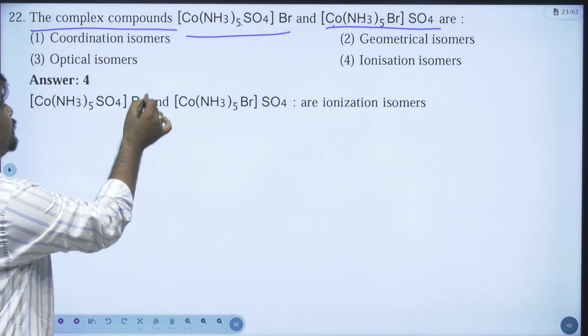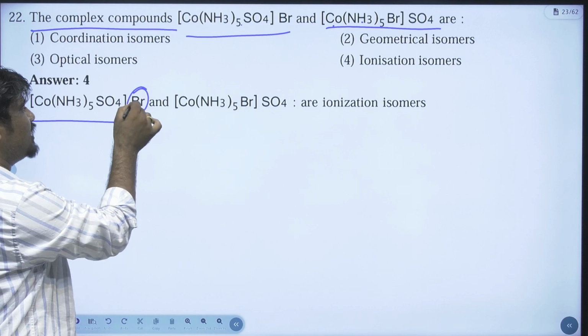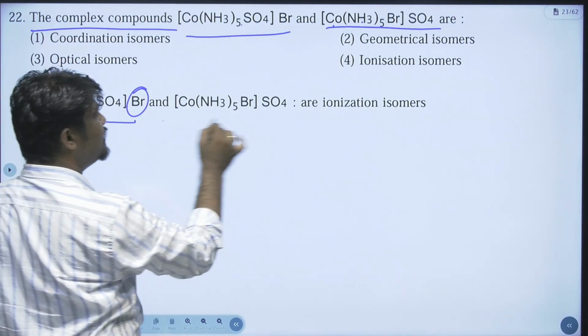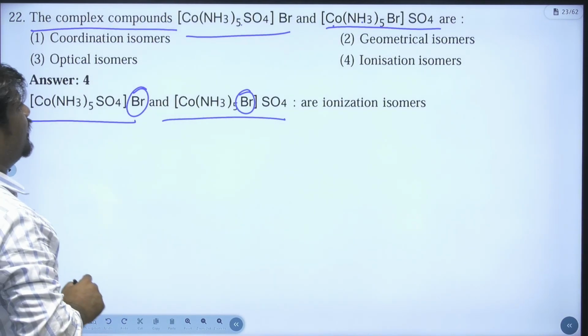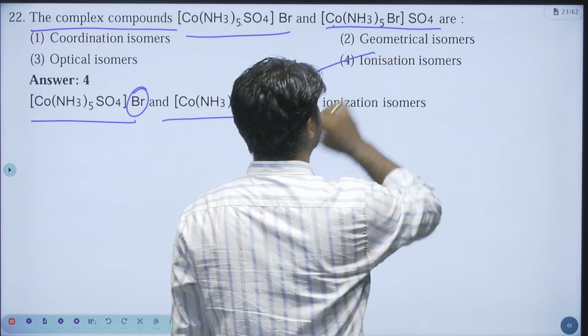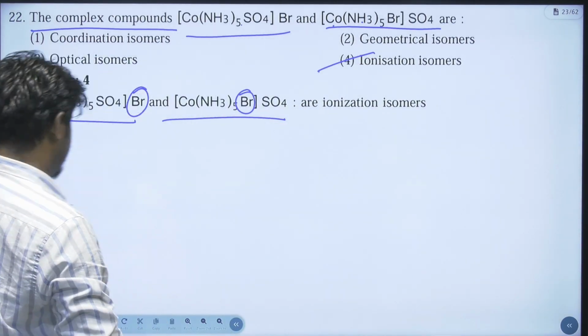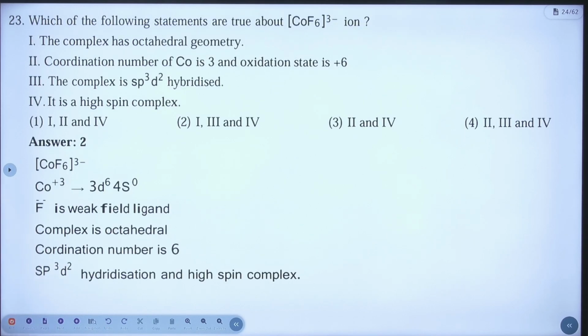In one structure Br is present outside the sphere, and in the other structure Br is present inside the sphere. That is the reason why they belong to the ionization isomers. Go to the next question.